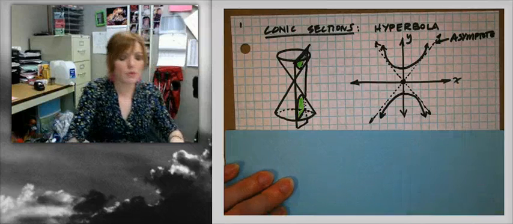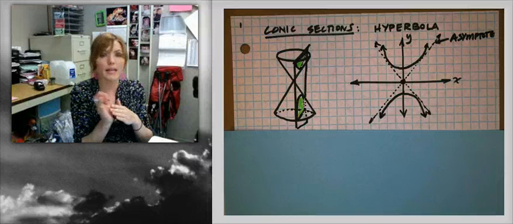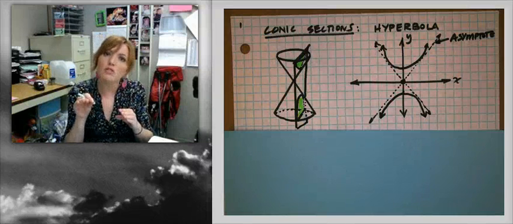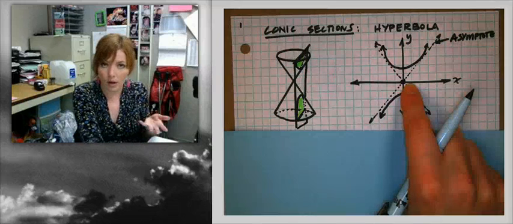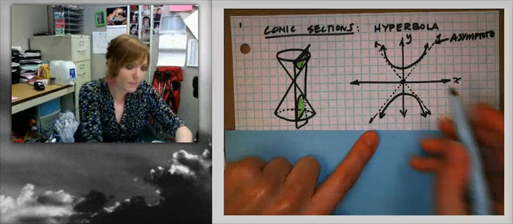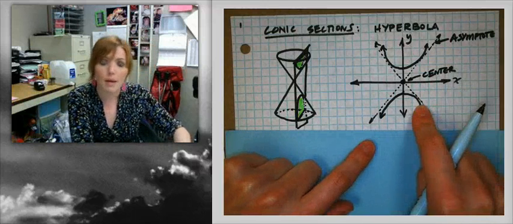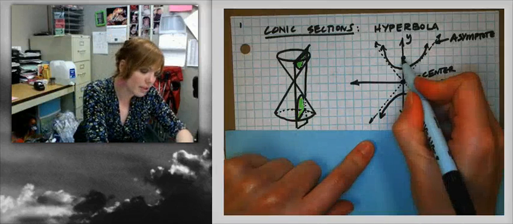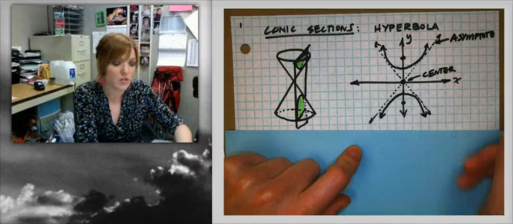And remember that asymptotes are lines that a graph gets very, very close to but never actually touches. Okay, so we're going to use those to help guide how we construct the hyperbola. So this is the center. And then we also have foci for hyperbolas. So the foci are only located on the same axis as where the curves are.